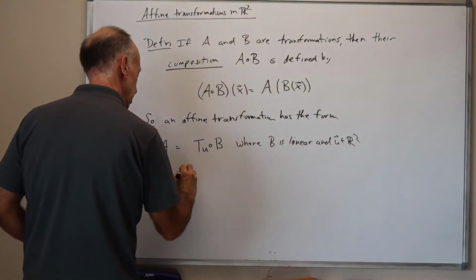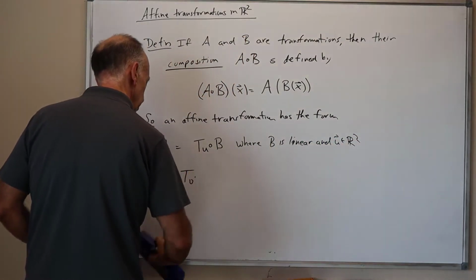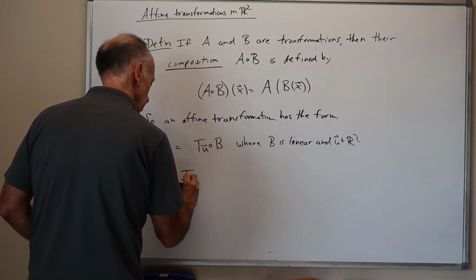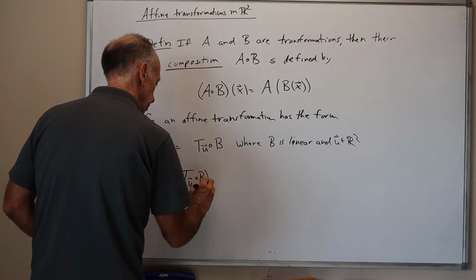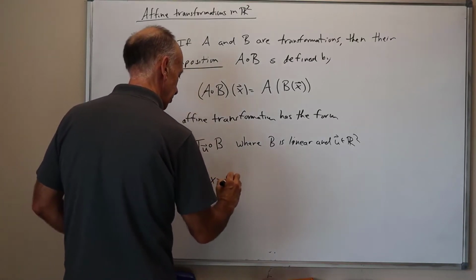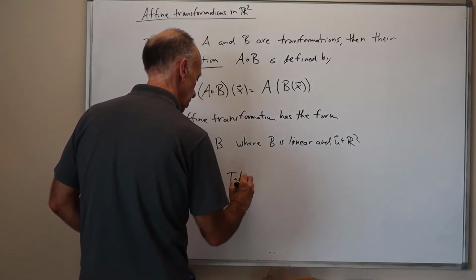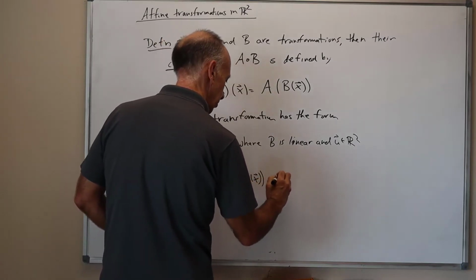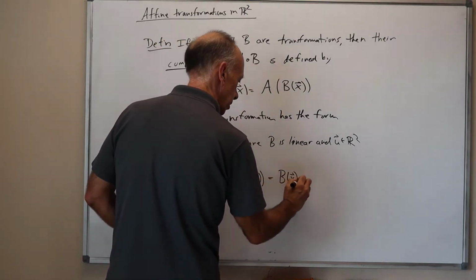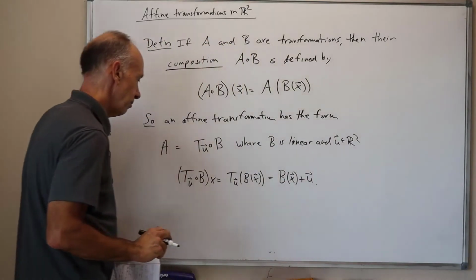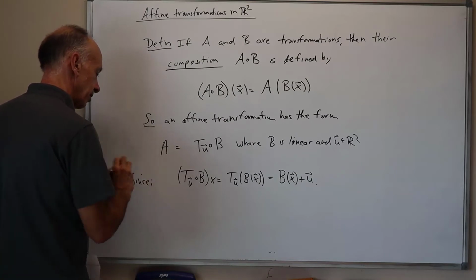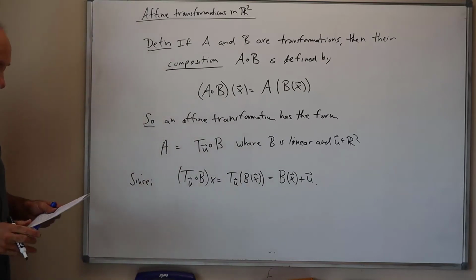And this is because T sub u composed with B applied to X is equal to T sub u of B of X, and that's equal to B of X plus u, which is the form that we had for affine transformations in the definition on the previous board.